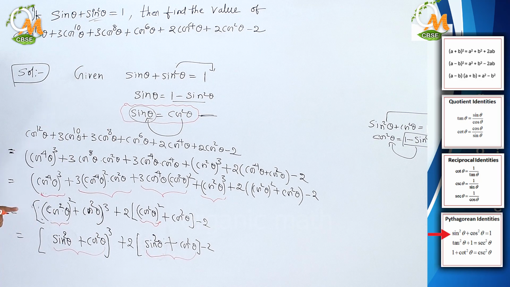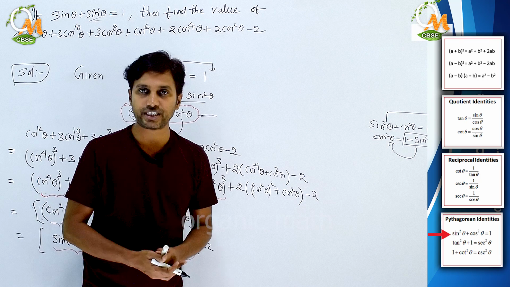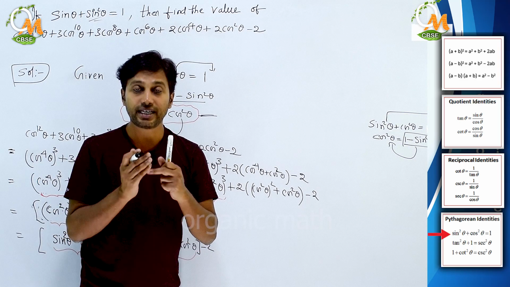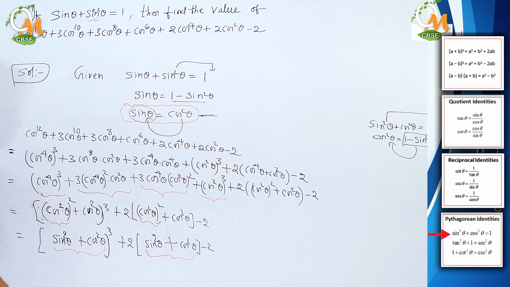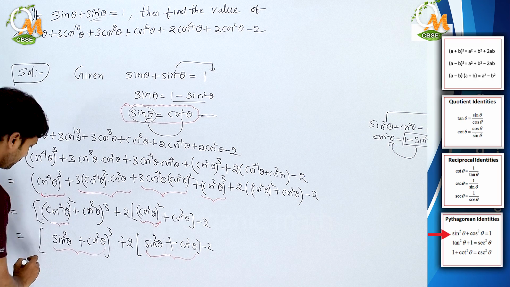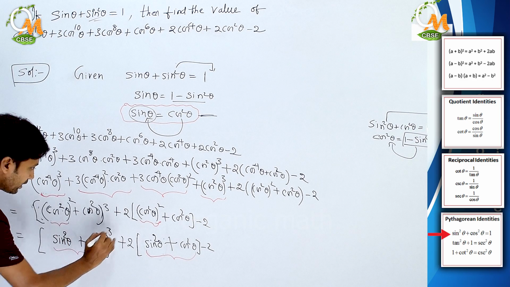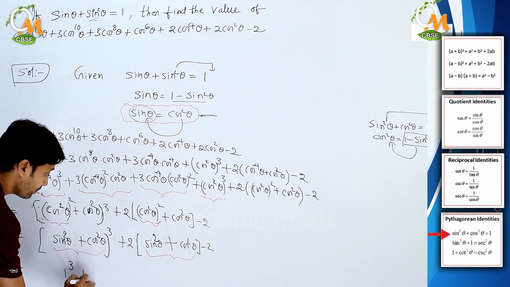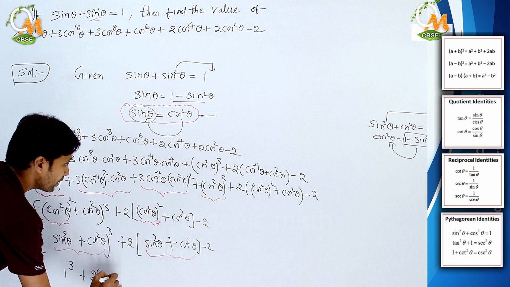Now tell me, here we got an identity. This is sin square theta plus cos square theta, and this is also sin square theta plus cos square theta, which is the standard and first identity of trigonometry, and the value of it would be how much? 1. So put the values over there. Here this value will be 1 to this cube, 1 cube plus 2 into 1 minus 2.